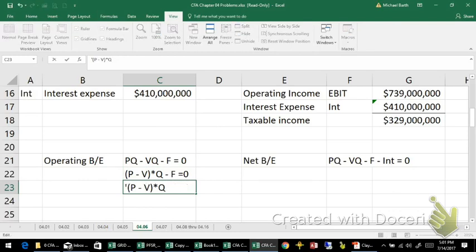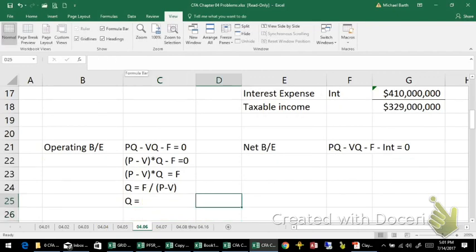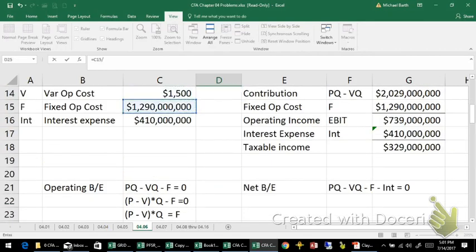So I added F to both sides, it drops out over here. And then 0 plus F would be F. And then my Q would then be equal to F divided by P minus V. Okay? So if I want to solve for my number of units here, Q equals F, the fixed operating cost, divided by P minus V.